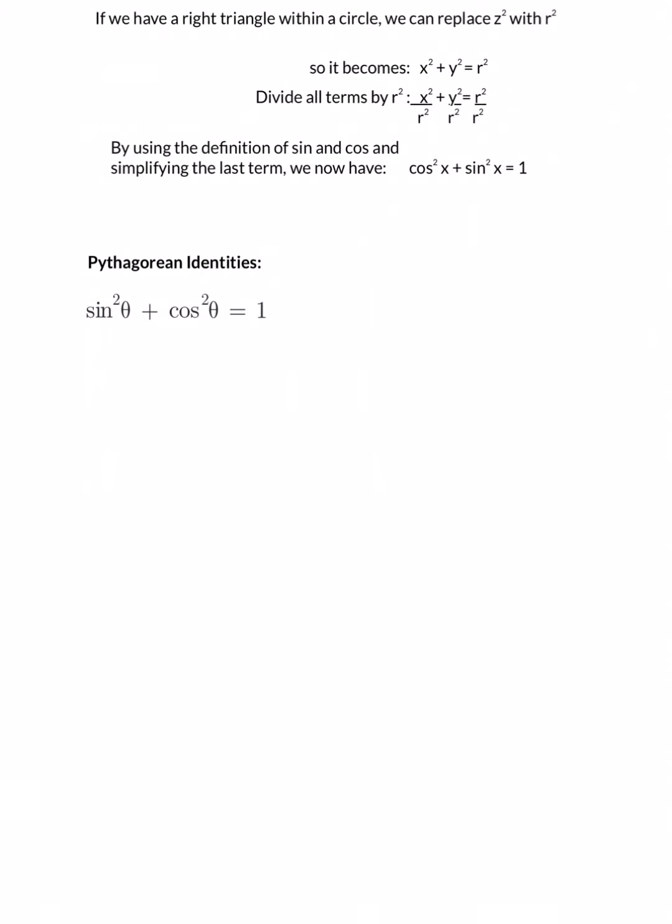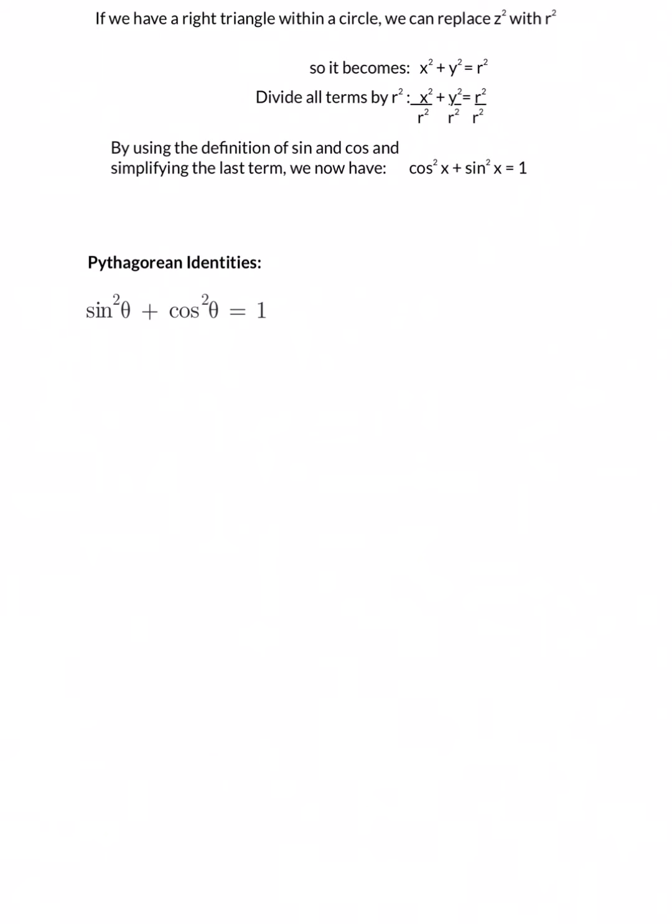Typically, the basic Pythagorean identity with sine and cosine is written with sine squared first. It is not wrong to have cosine squared first, as we had up above. So sine squared of theta plus cosine squared of theta equals 1. We can write this in alternative forms just by solving the equation for either sine squared or cosine squared.